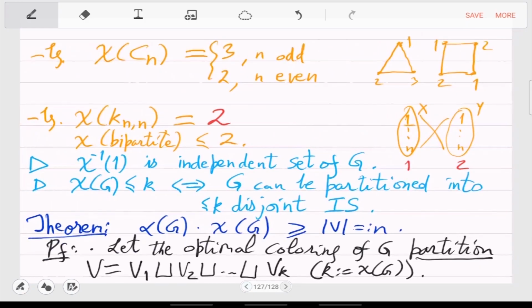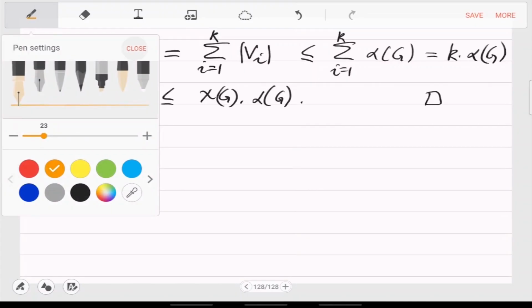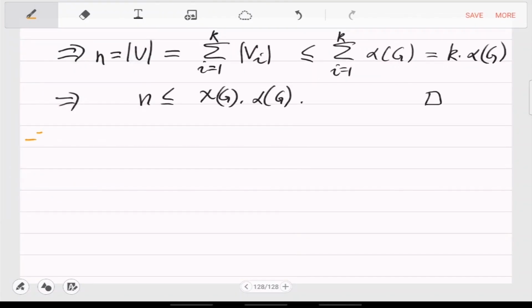Now, why is this not an equality? Can you think of a graph where the chromatic number times stability number is greater than n? How about this? Right, so this is a triangle with an edge removed. What is the stability number? And what is the chromatic number?